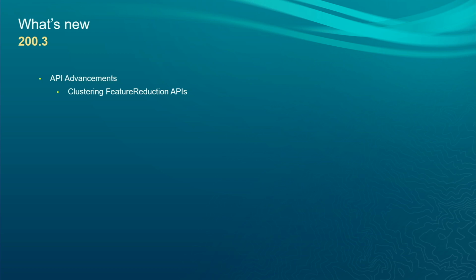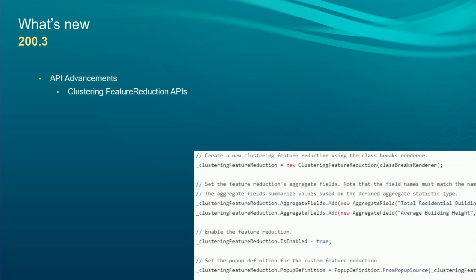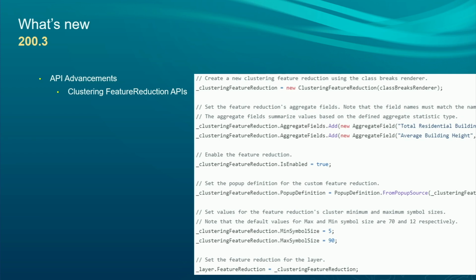But in 203, we added a brand new API to allow you to cluster the data on your feature layer, which is not pre-clustered, and specify all the aggregation statistics and methods and apply it on the layer. If you see here, by setting the cluster feature reduction, I can now set the feature reduction property on a feature layer, which will enable clustering on the client side without having it pre-configured in my published data.